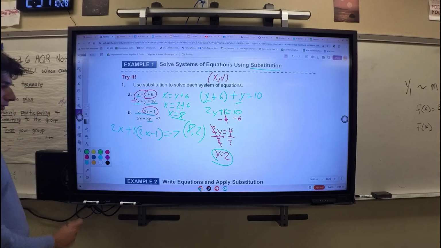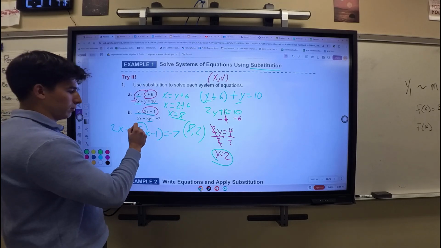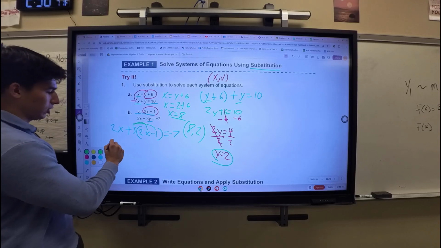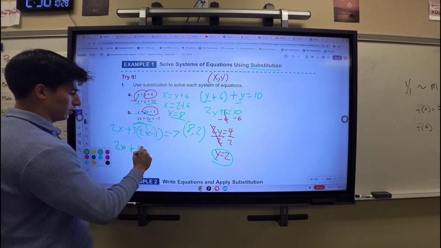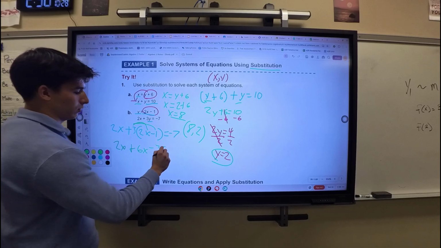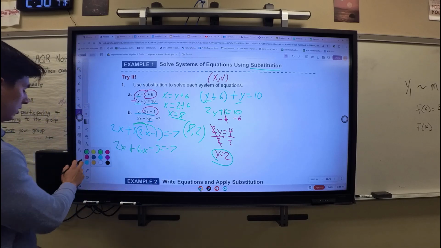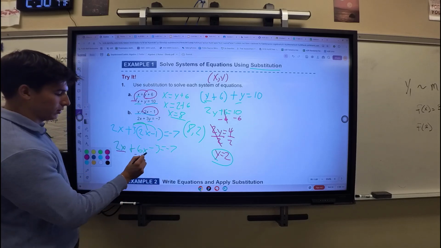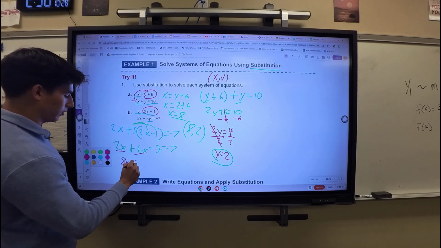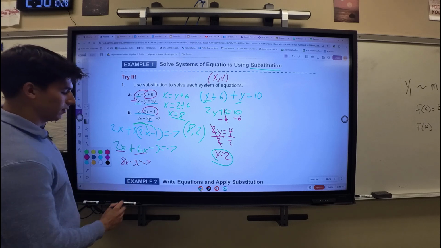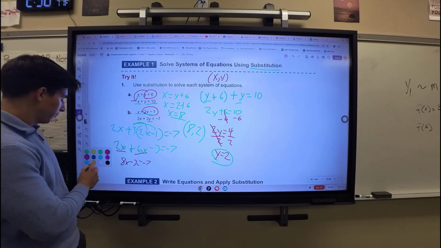So now, to solve this, we first need to distribute. 2x doesn't change, plus 6x minus 3 equals negative 7. Now we have to combine our like terms, which gives us 8x minus 3 equals negative 7. Two-step equation.